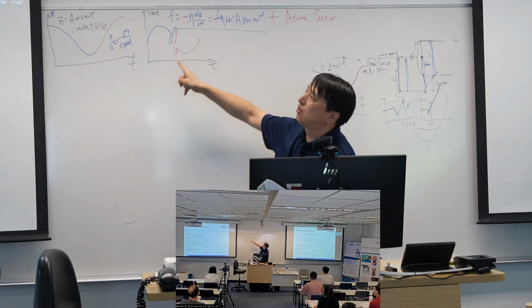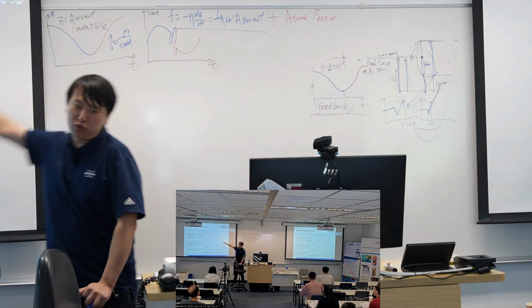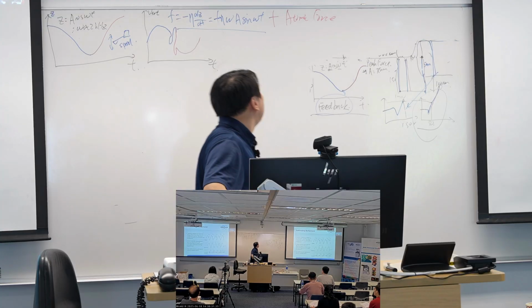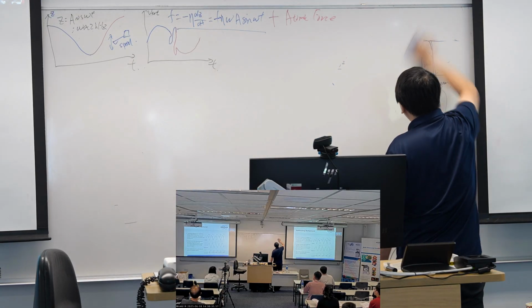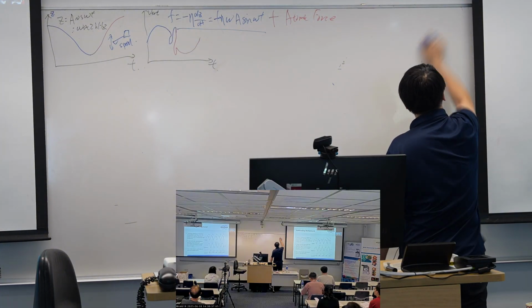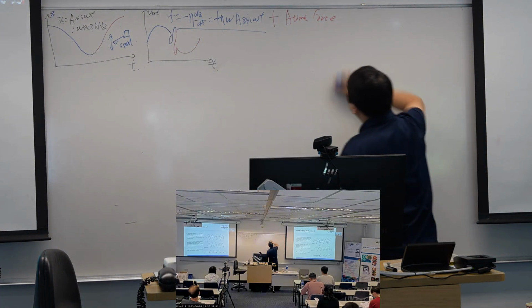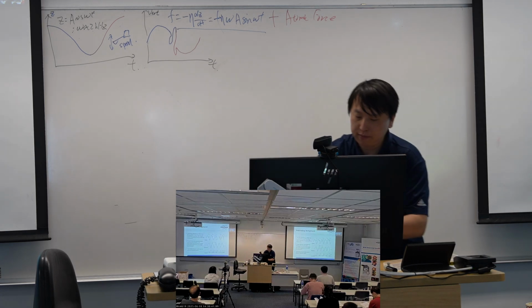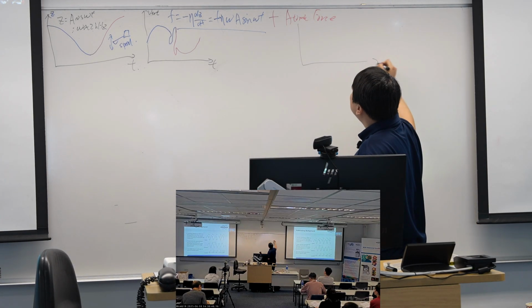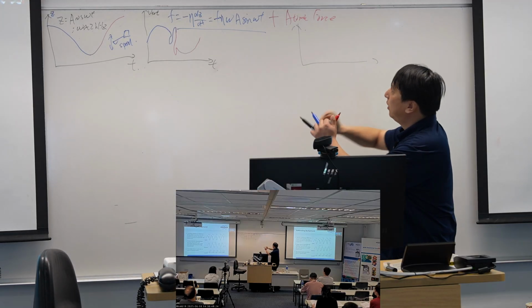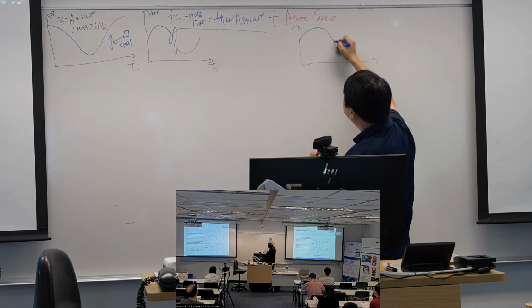This is the so-called background subtraction. So how do we do it? Think about a way to do it. The idea now is I just want to get rid of the hydrodynamic force.